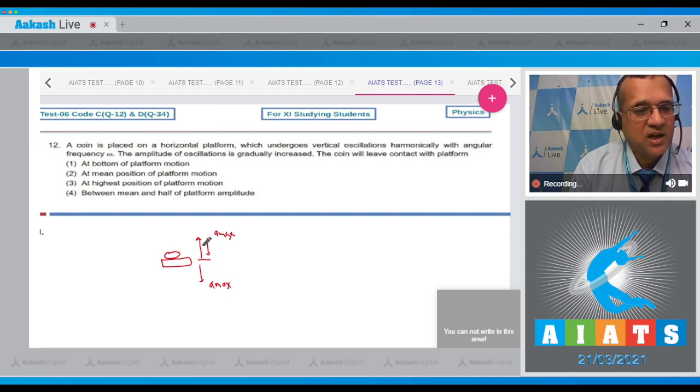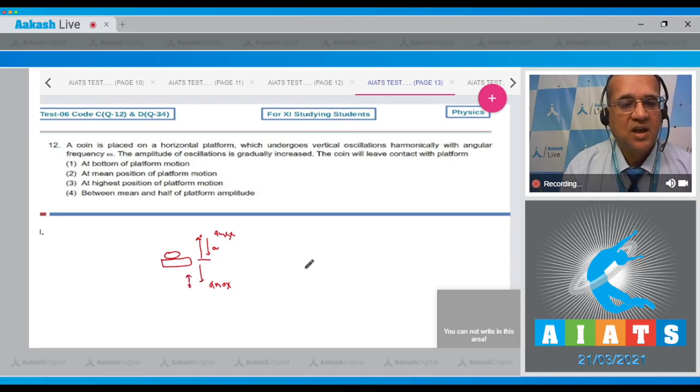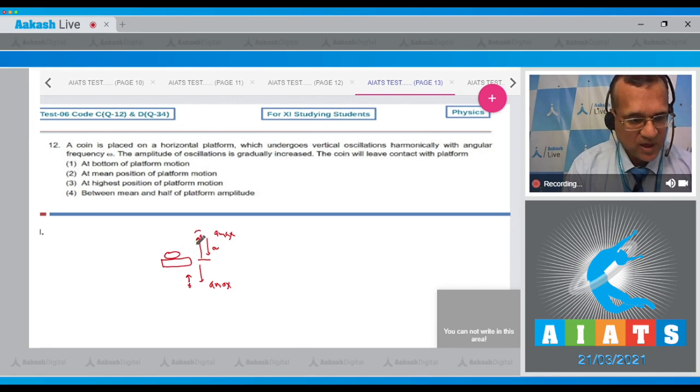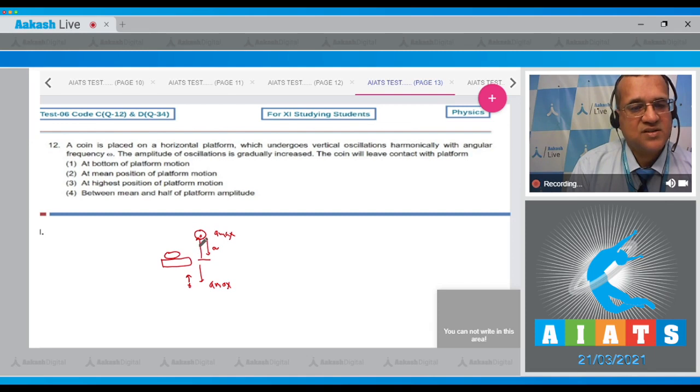But see, when it is here, the acceleration is in the downward direction, and when it is here, the acceleration is in the upward direction. And what do you find? When it is at this point, its weight can become 0, or this acceleration should not exceed gravity. Otherwise, it will get detached.